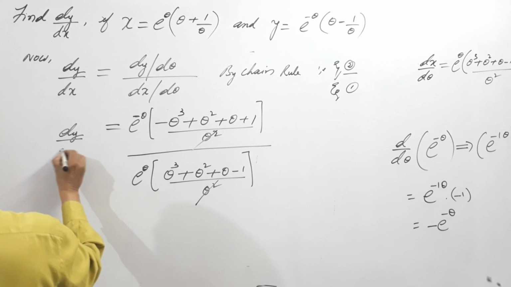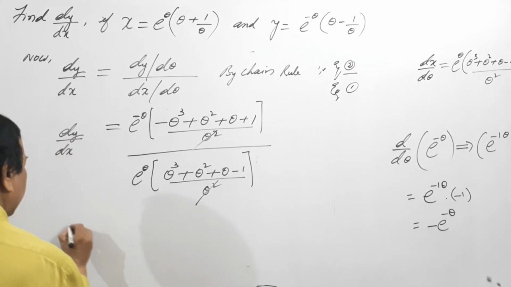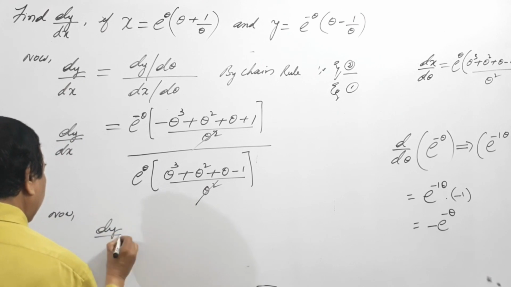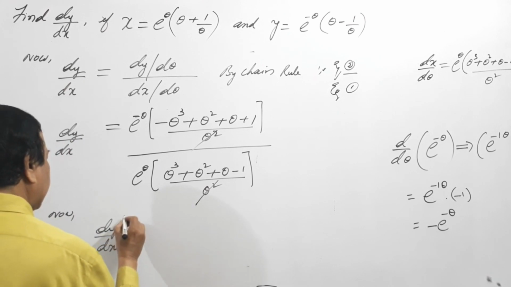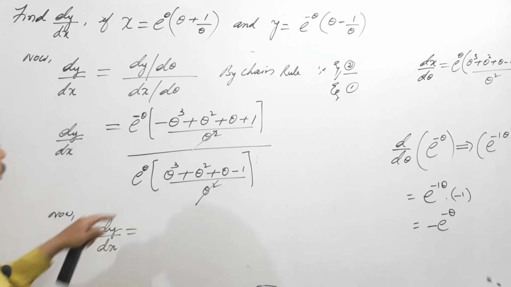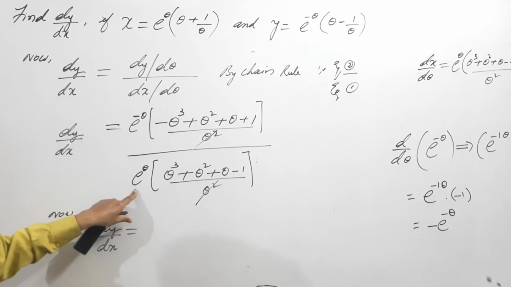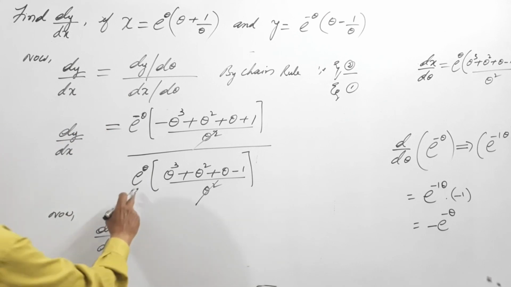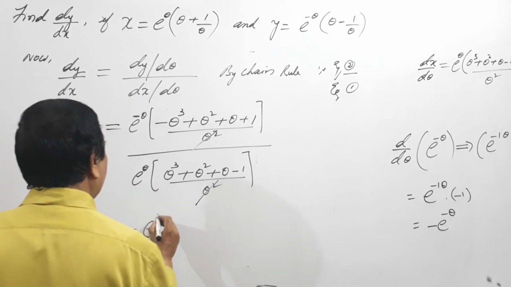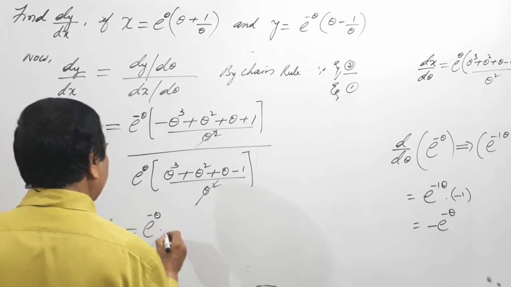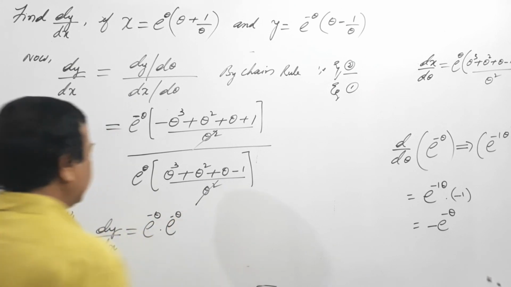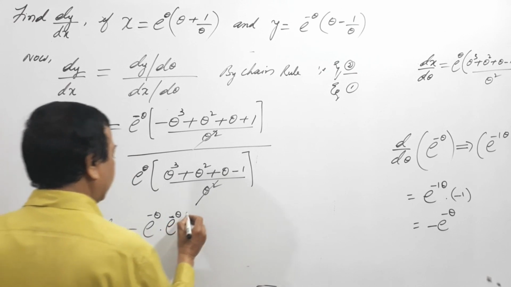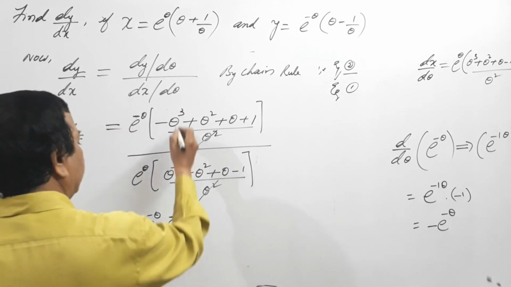So dy by dx equals to what? What I will do is I will send this e to the power of theta to the numerator. Then what happens? This becomes e to the power of minus theta into e to the power of minus theta. Once it goes, it becomes e to the power of minus theta only, divided by, what is this?